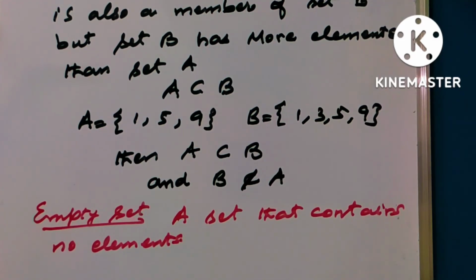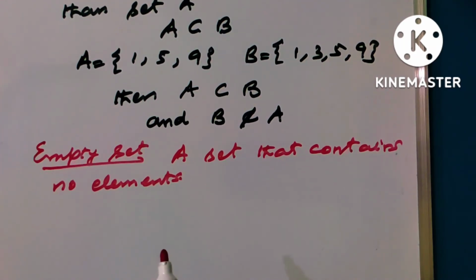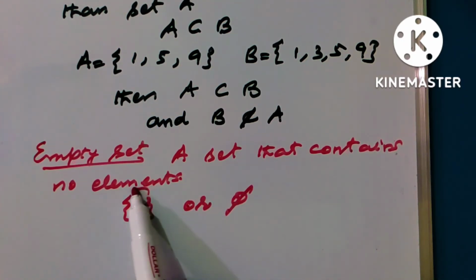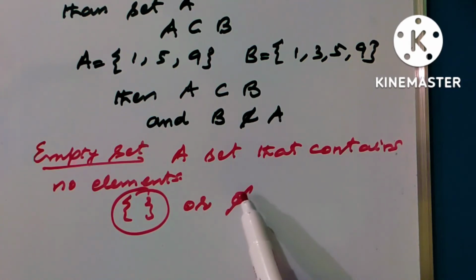An empty set is denoted as braces only, or this symbol phi, symbol of phi. This is also called empty set.